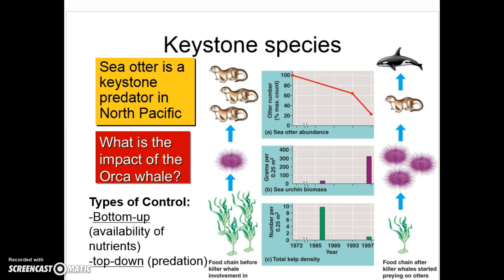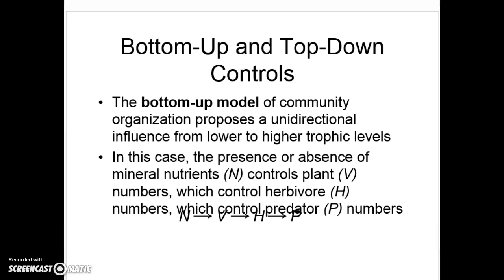So there are different types of control that a keystone species can exert. It can either be bottom up, which would be the availability of nutrients, or the top down, the availability or the number of predators that there are. So the bottom up model of community organization is saying that there is a unidirectional influence from lower to higher trophic levels, which makes sense.